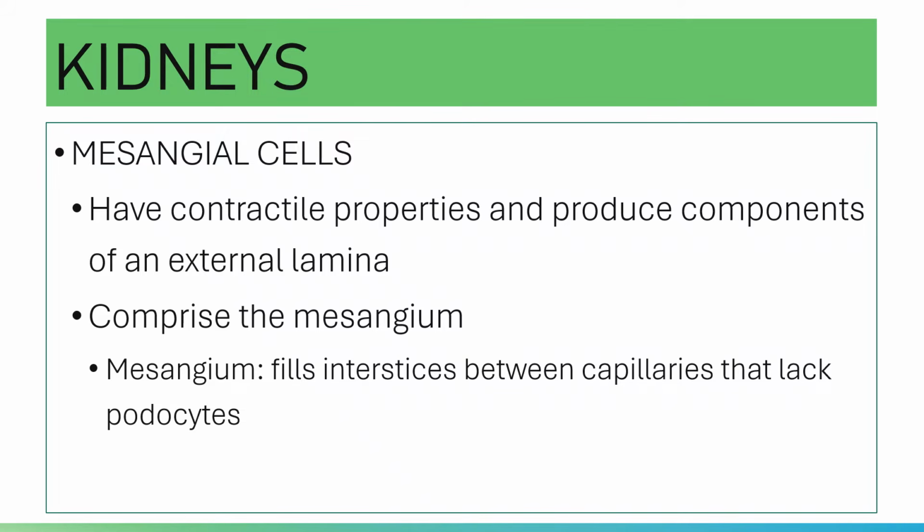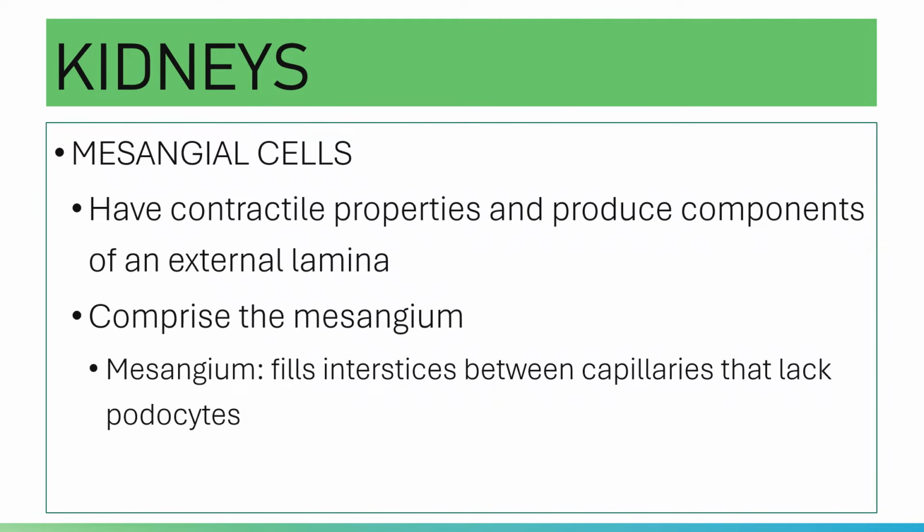Your mesangial cells comprise the mesangium. Your mesangium fills the interstices between the capillaries that lack podocytes.